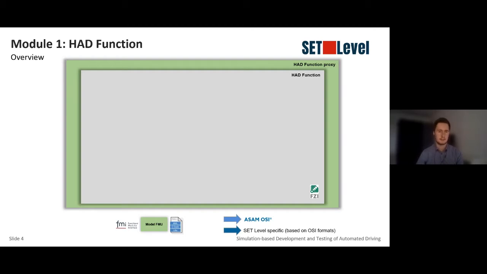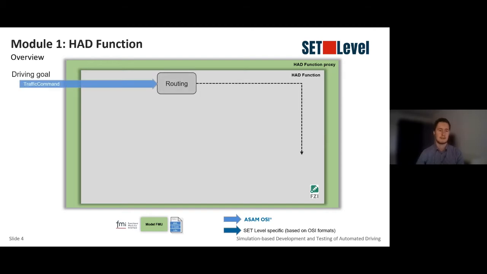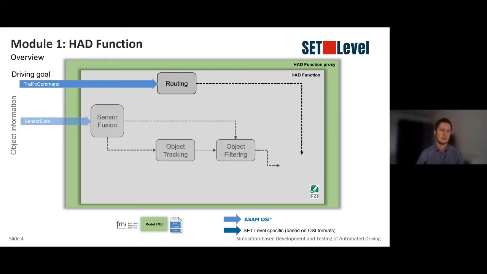The first one is the highly automated driving function. It has three inputs. The first input is the driving goal in form of traffic command and OZ message, which is provided to the routing algorithm. We have object information, which is provided in the form of OZ sensor data that is provided to sensor fusion, and there's an object tracking and an object filtering module.